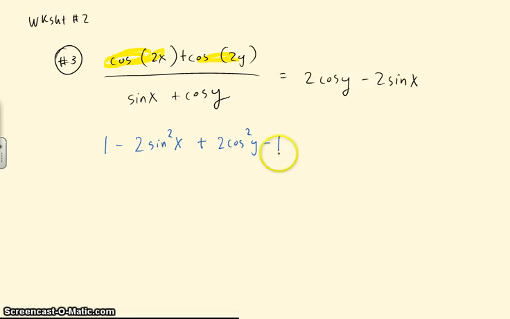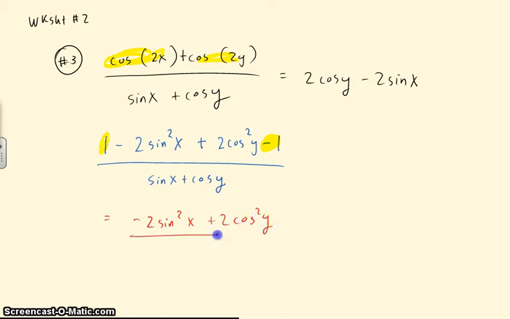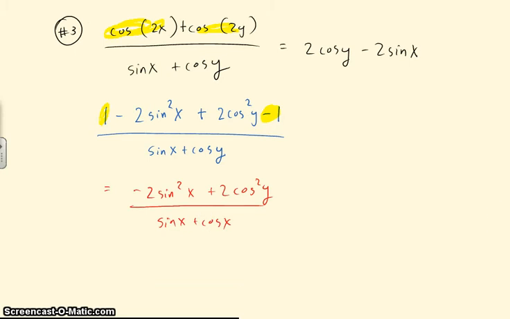Now I see this 1 and this negative 1 will cancel. So this and this go away, and I'm left with negative 2 sine squared x plus 2 cosine squared y. That seems a little bit weird, so let me change the way I write this.